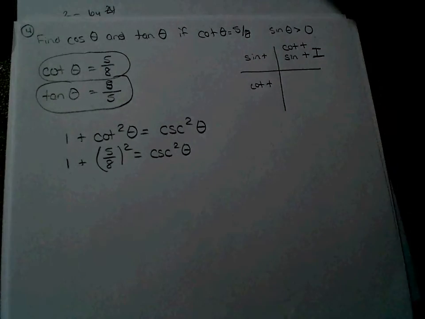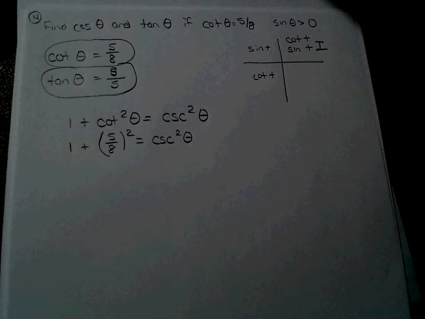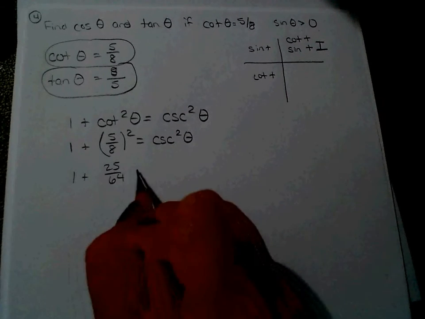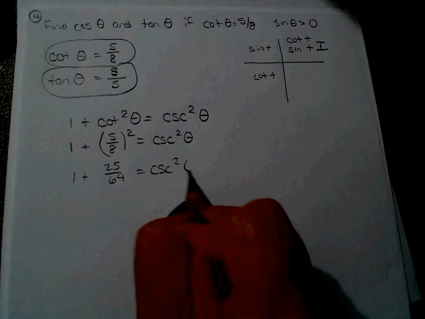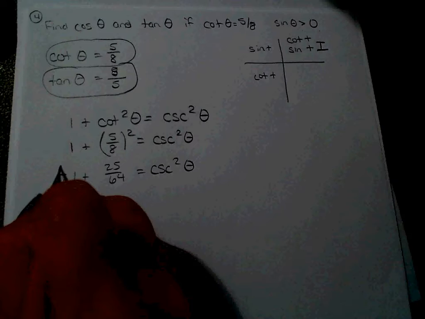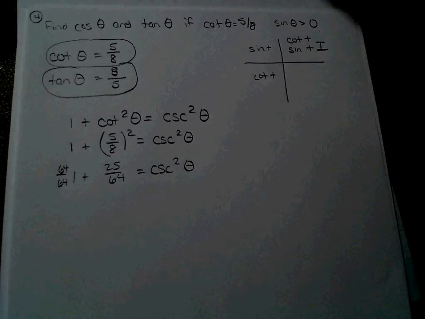Because I know cotangent's 5/8, so I have to square it, and that gives me 25 over 64. I've got to make this 1 into 64s, so it's 64 over 64. 64 over 64 plus 25 over 64 equals 89 over 64.